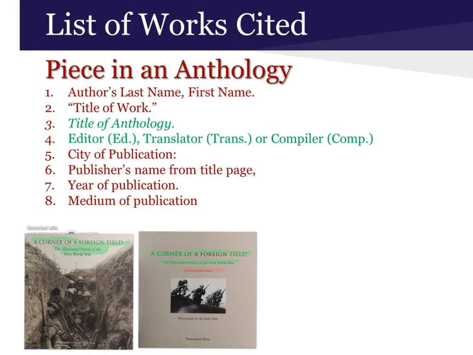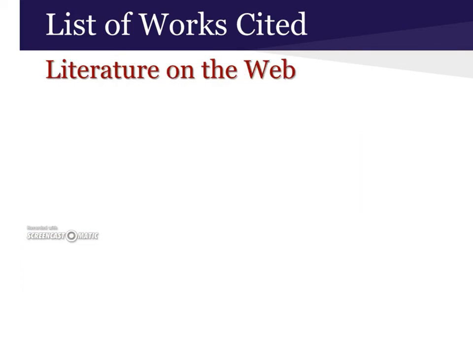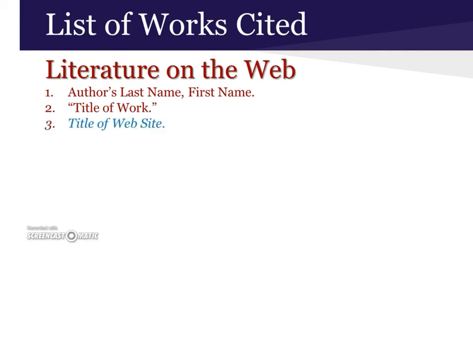Okay, now when you find something like a poem on the web, you need to include a couple different pieces of information. Of course, you always include the author's last name and then the first name, then the title in quotation marks, the title of the site in italics, the publisher or the sponsor of the site.